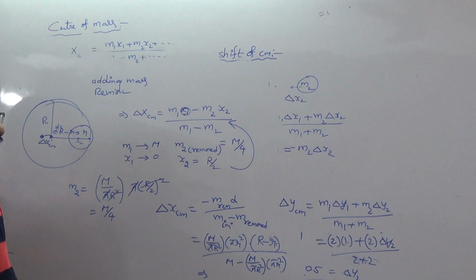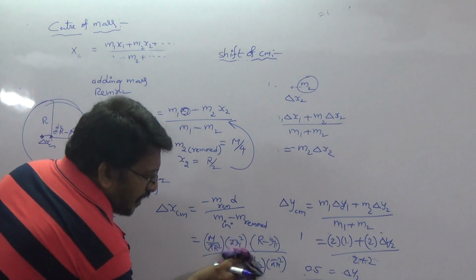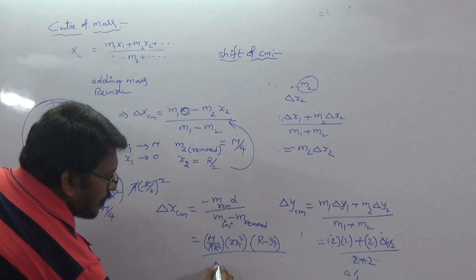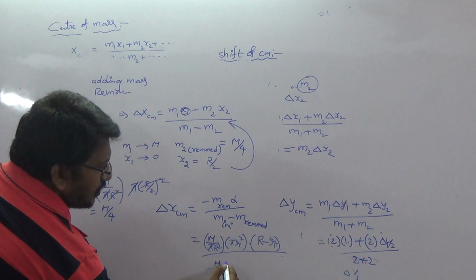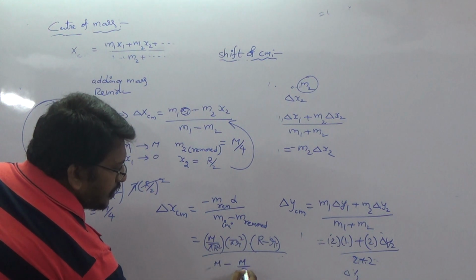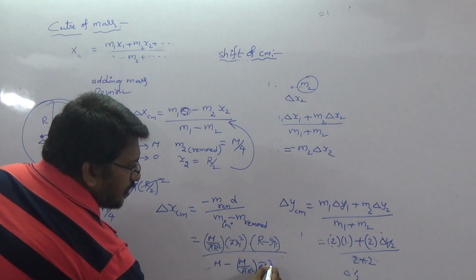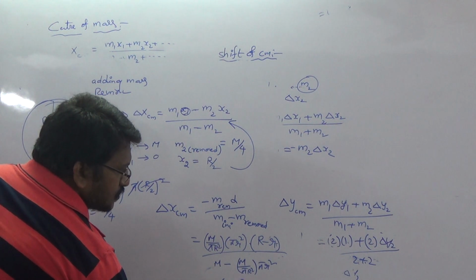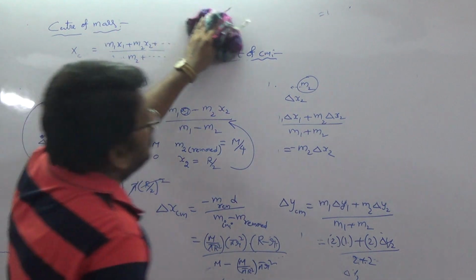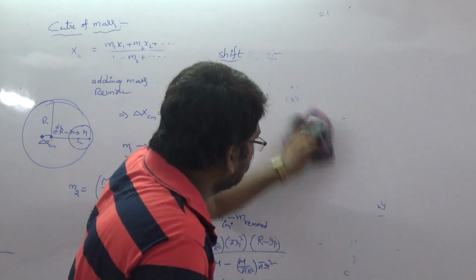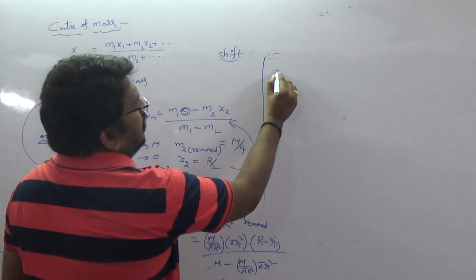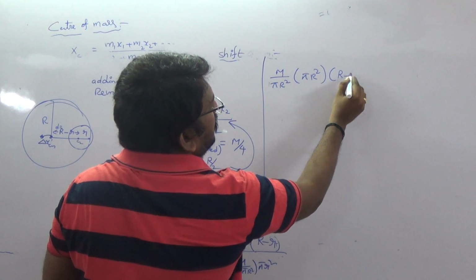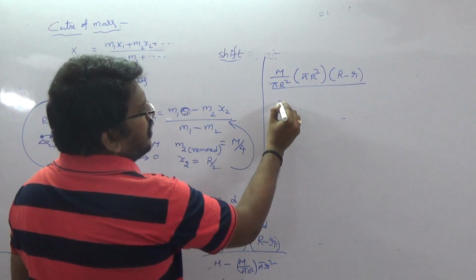So from that you get the LCM, pi capital R square.